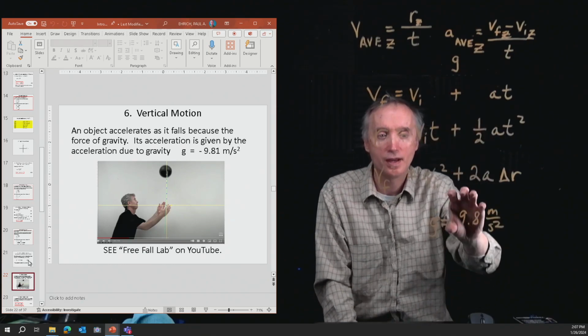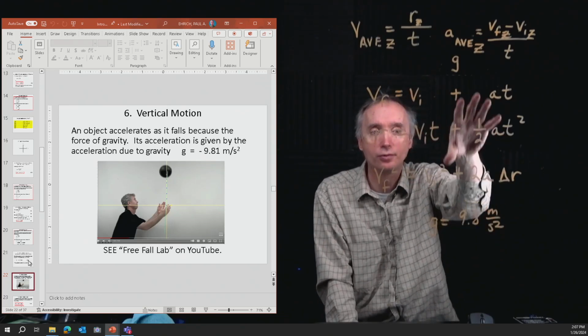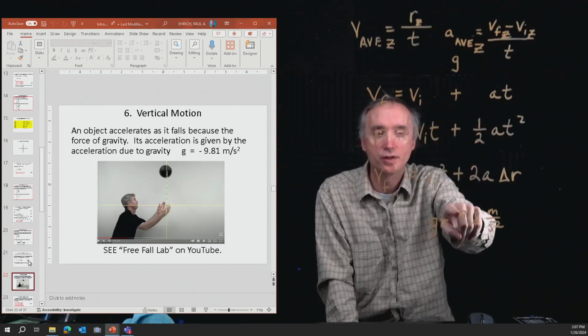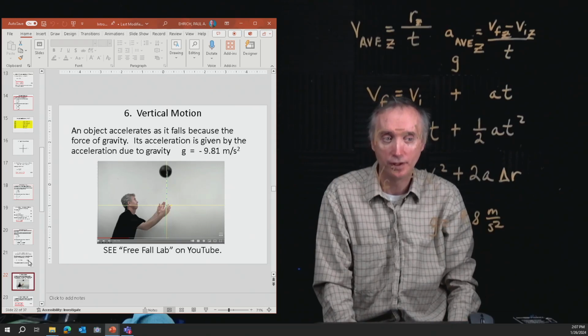So when we take this and we plug it into these formulas, we have to use a negative 9.8 meters per second squared.